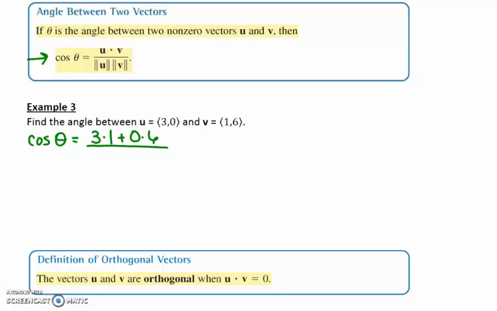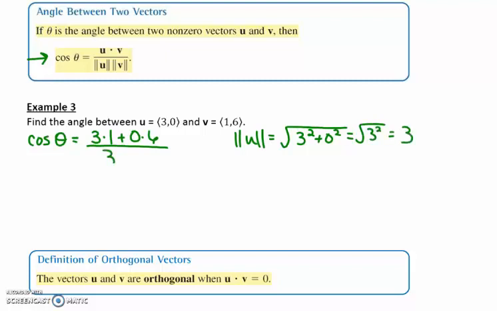Well, we'll do this off to the side. Make it a little bit easier. Okay, so the magnitude of u is the square root of 3 squared plus 0 squared, which is really just the square root of 3 squared, so that's just 3.